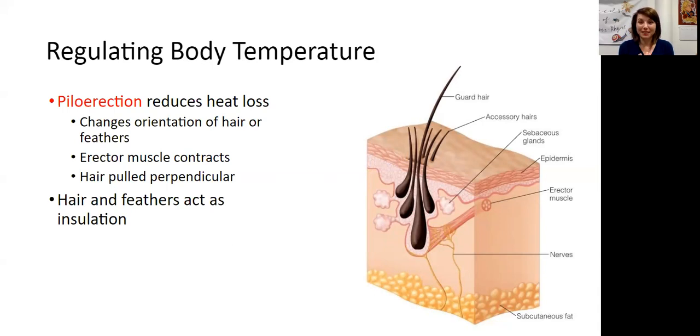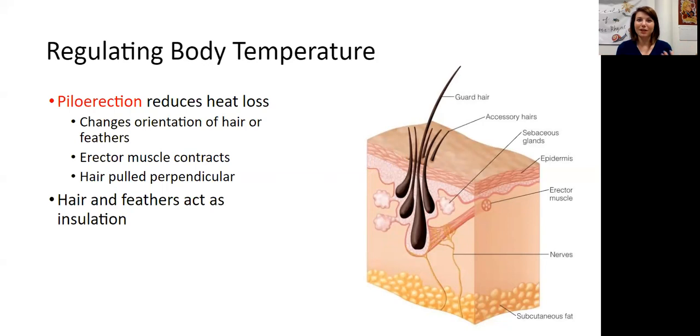So goosebumps, this is piloerection. It's not quite as good with us, although it works a little bit, but if you have a furry body and you get goosebumps, you've created a layer of air trapped between the hair and the body, and that can act as insulation in order to maintain a certain temperature.